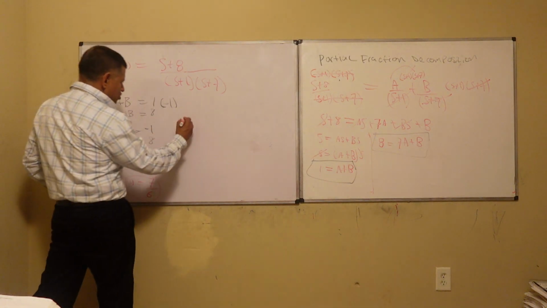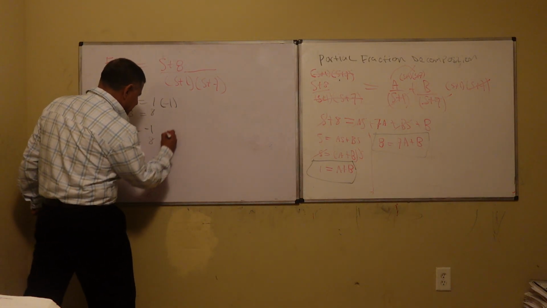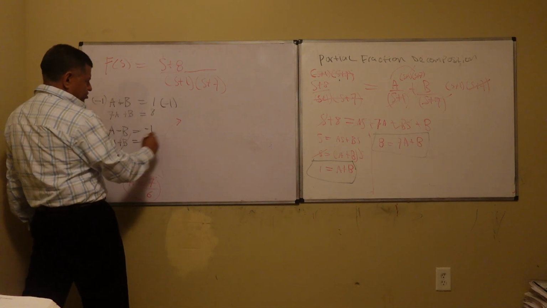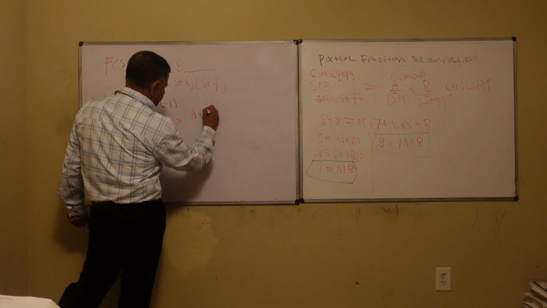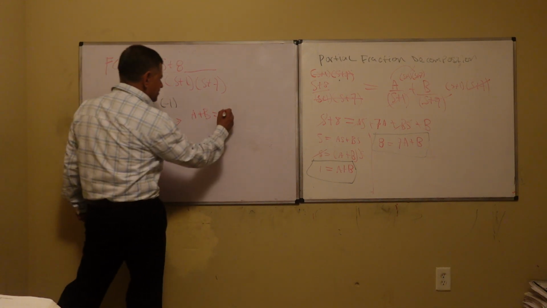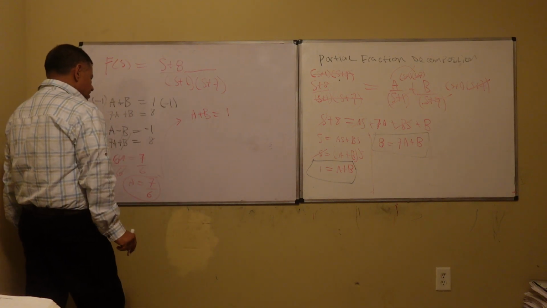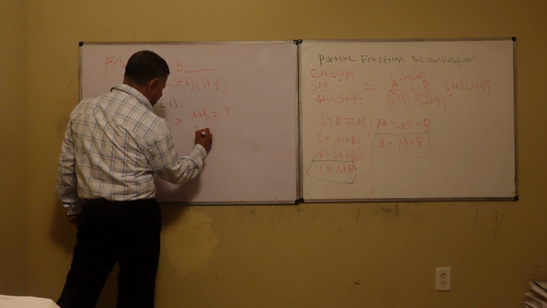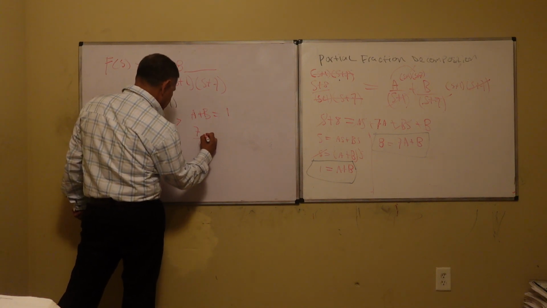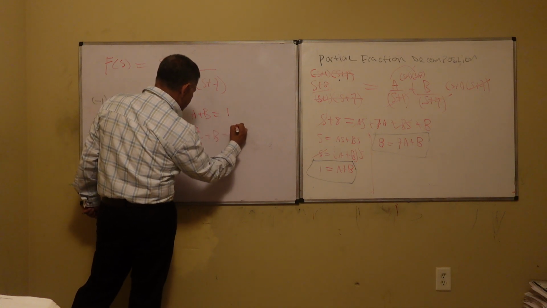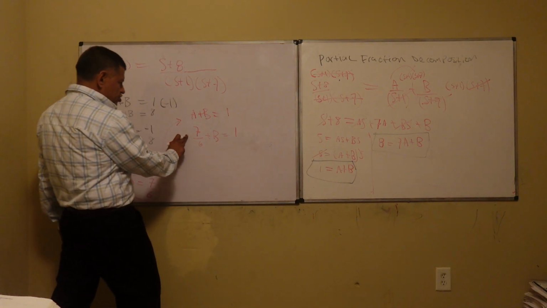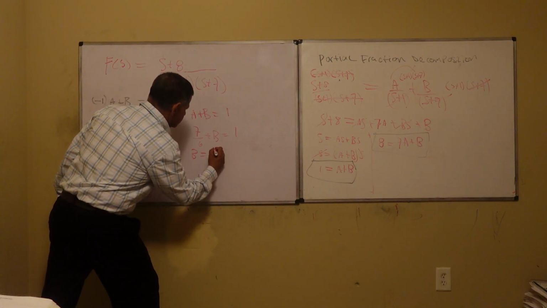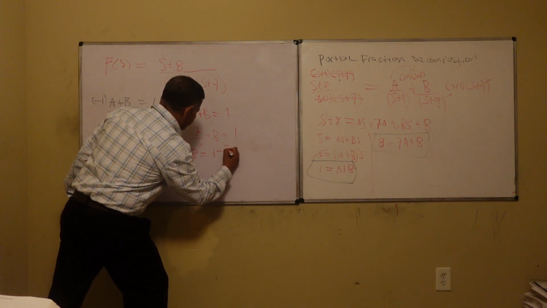I take this value over here and use that equation: a plus b equals 1. So if a is equal to 7 over 6, then 7 over 6 plus b is equal to 1. Subtract this on both sides, and I get b equal to 1 minus 7 over 6.